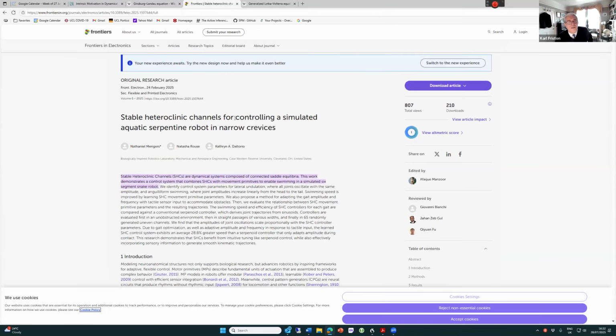And of course then you've got this whole literature on particular variants, a special case of the generalized Lotka-Volterra, which itself will be a special case of the Ginzburg-Landau system, which is these stable heteroclinic channels.